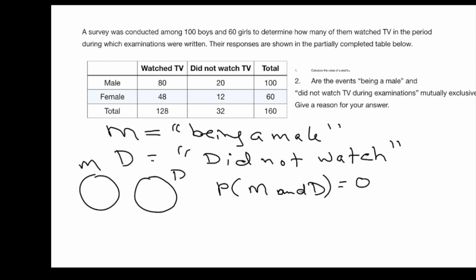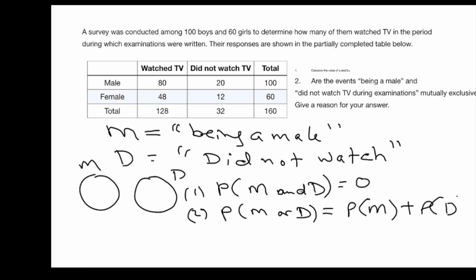So if these two sets are mutually exclusive, then the probability of M and D should be equal to 0. This is the first definition that you can use. The second definition you can use is if the two are mutually exclusive, then the probability of M or D must be equal to the probability of M plus the probability of D.